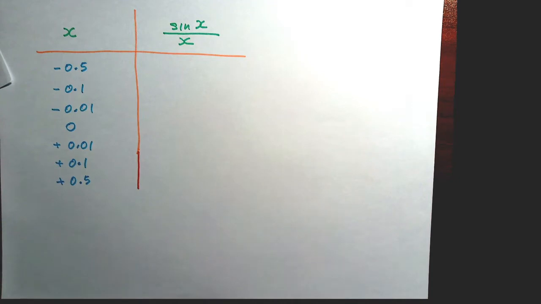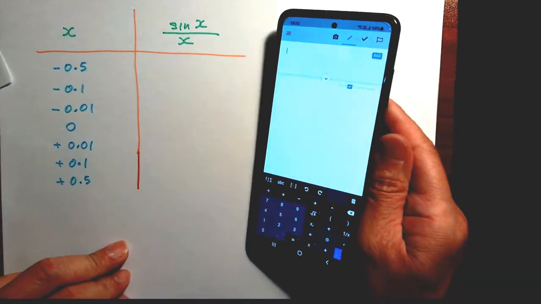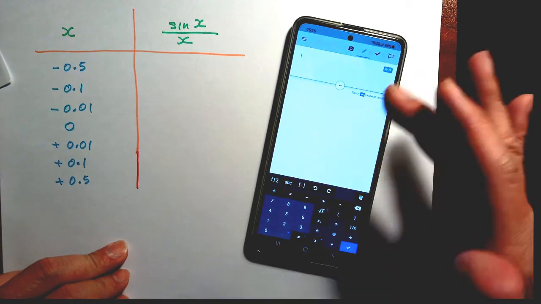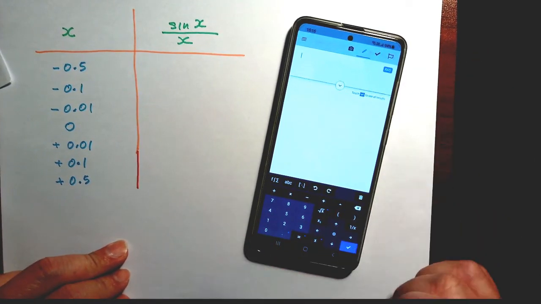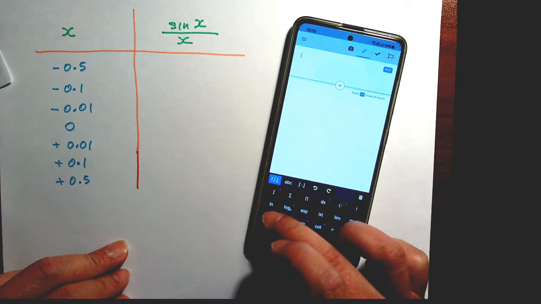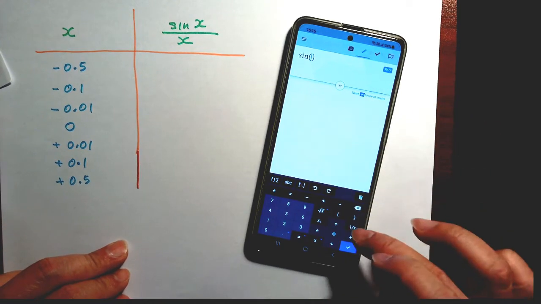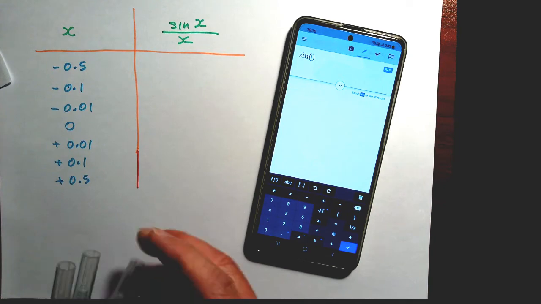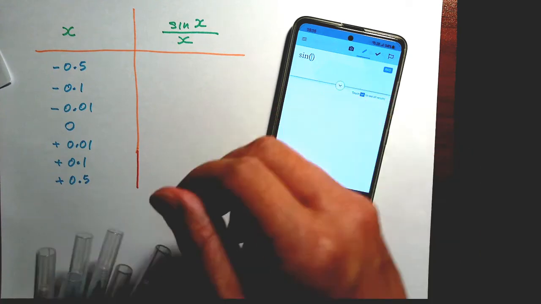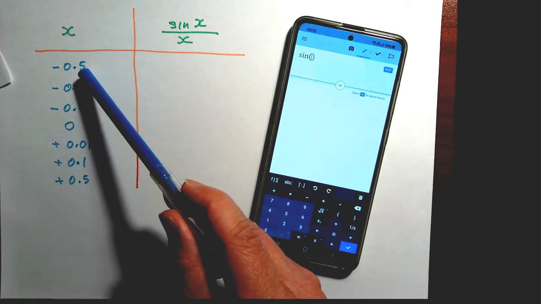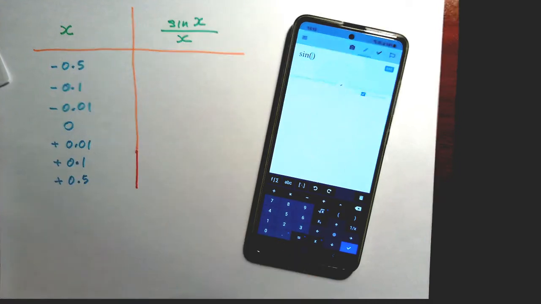Okay, now the interesting thing is I'm going to be using my calculator and you can see how it works. I'll do it real time for you. So the function would be sine x over x. So let's choose sine x, where x is minus 0.5.